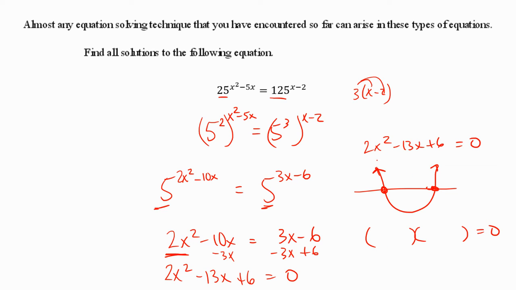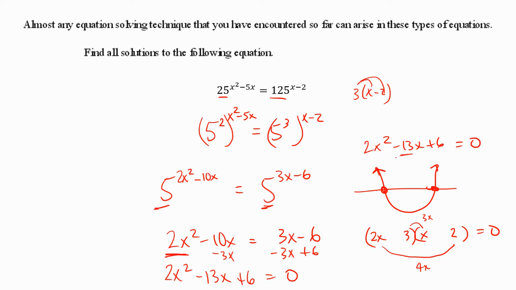So the only thing that's going to multiply to get 2x squared is 2x times x. And then for 6, we have some choices, 3 times 2 or 2 times 3. And we just need to guess and check to make sure we get negative 13 on the outside and the inside. So 2x times 2 is 4x. 3 times x is 3x.